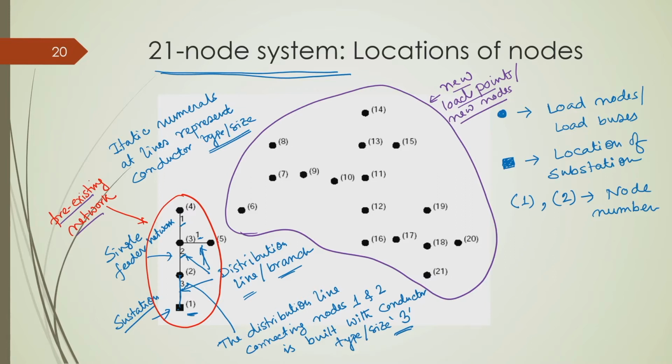And the second problem you have seen is that we will connect these new load points to this pre-existing network in such a way that we will get a reliable network. So, I can write it here.